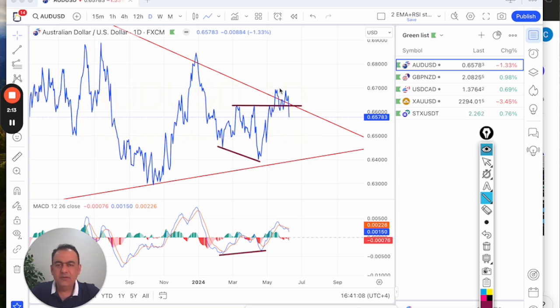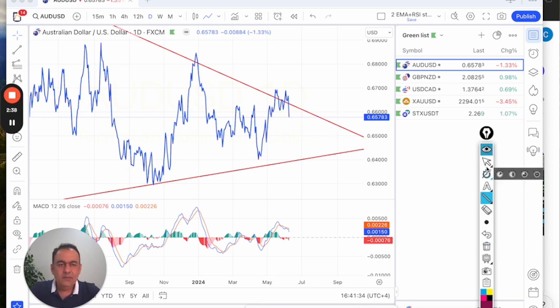Now after the breakout structure is done, the market is expected to move lower to complete the correction. Because it's a triangular formation, there is a high probability that the sellers may push this currency pair back towards the lower triangular boundary, and then in the coming days or weeks it may bounce back up.